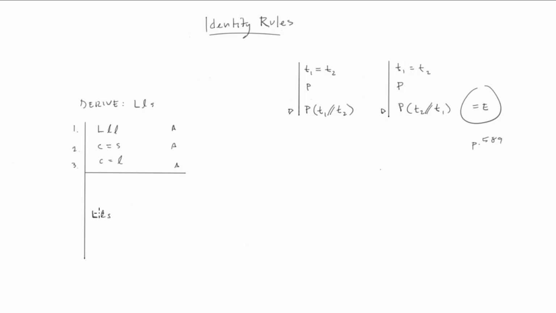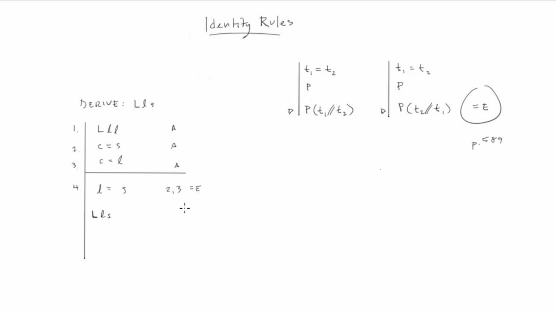Now there's a number of ways of getting to the target statement, even in this simple little proof, but one thing we can do is certainly to start with this identity that we can derive from 2 and 3 together. So it might be a statement like Lois is identical with Superman. That comes from 2 and 3, identity elimination.